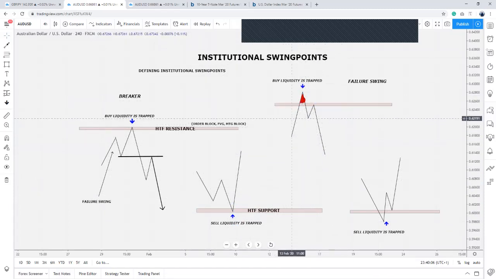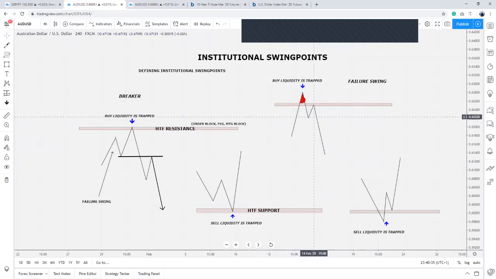So if the central banks are looking to make a turning point from an institutional standpoint, and they're looking to make a sell side turning point, you're going to look for a liquidity pool to reprice the market lower from that level. This, guys, is a very, very deep concept. This basically is the anatomy of the market.